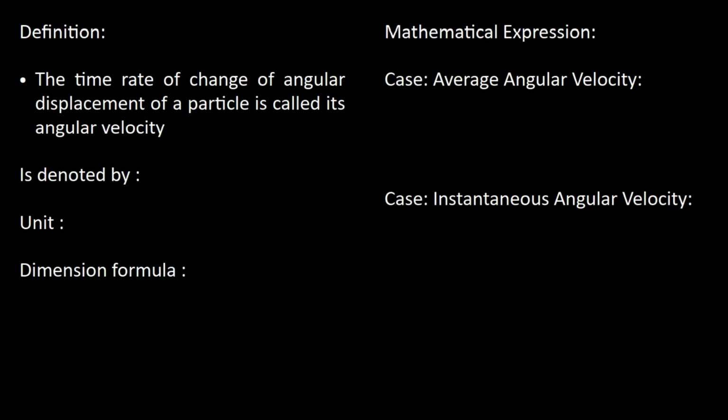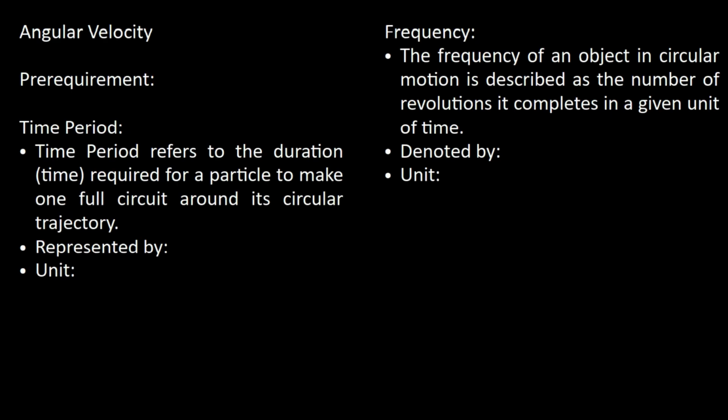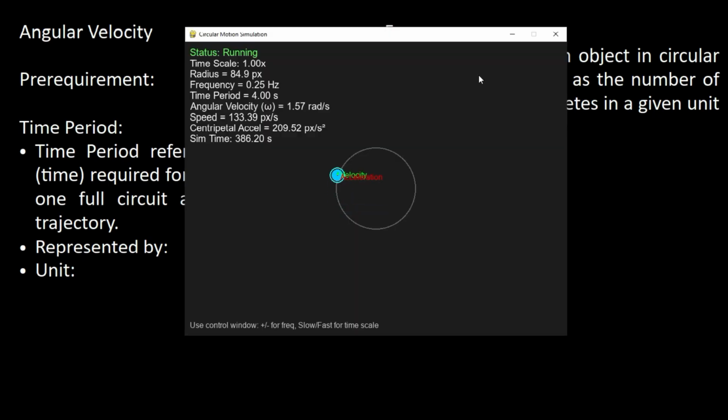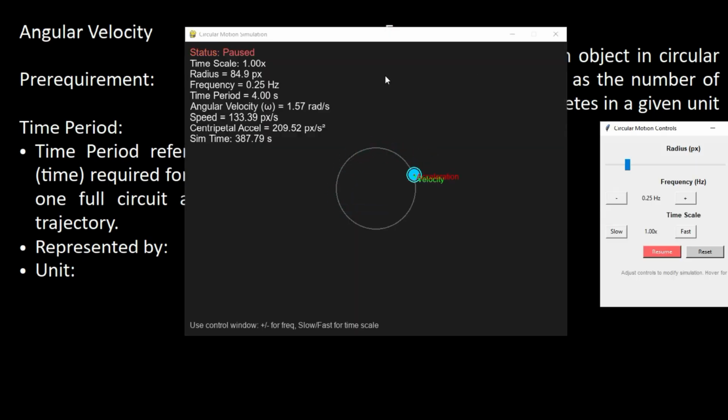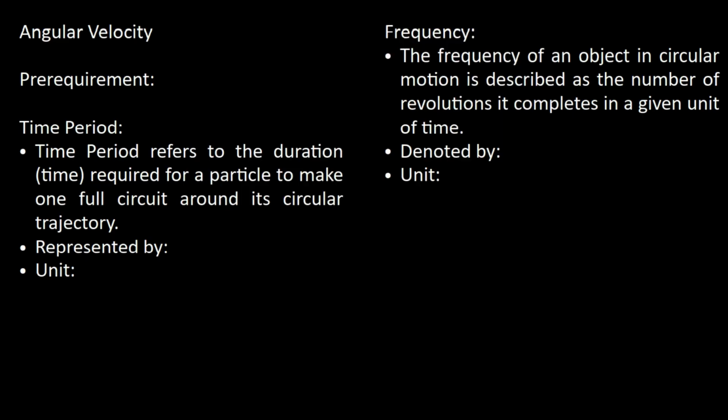What else do we need to know? Again, I'll just revise. To understand angular velocity, we need to know time period and frequency. Time period has to do with within how much time an object will rotate. How much time will it take to complete one round? That's time period. Frequency has to do with within 1 second how many rounds are being completed.